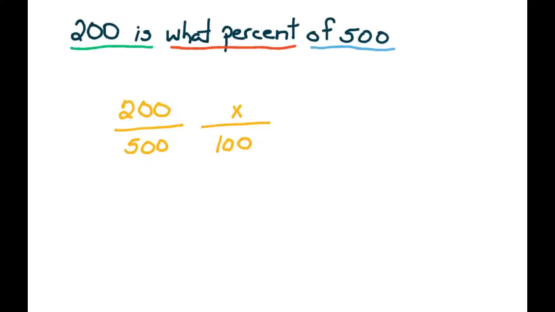So when we say 200 is what percent of 500, then I just come here, I cross multiply to solve a proportion and divide to get the answer x equals 40%.